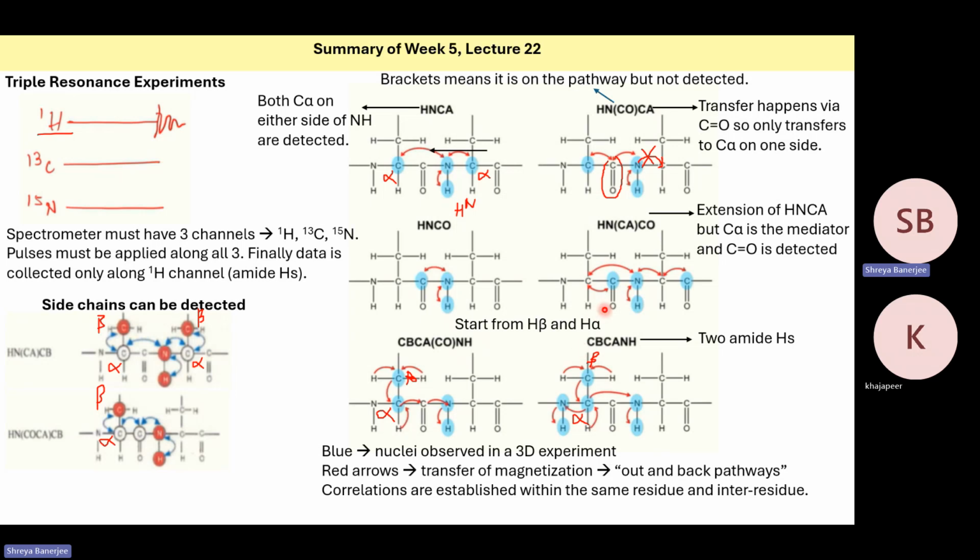But in the final case, you can access the NH of both the same residue and the next residue because here no carbonyl is needed as mediator to transfer the magnetization. So like this, there are different experiments for the 3D NMR, and these are known as triple resonance experiments.